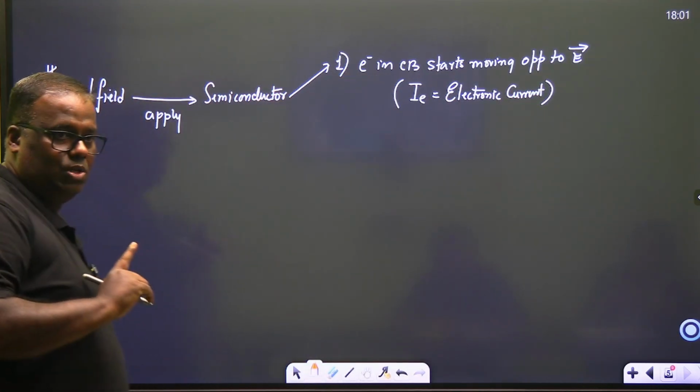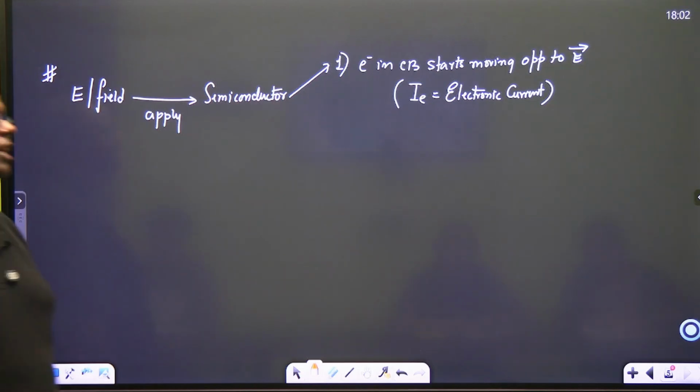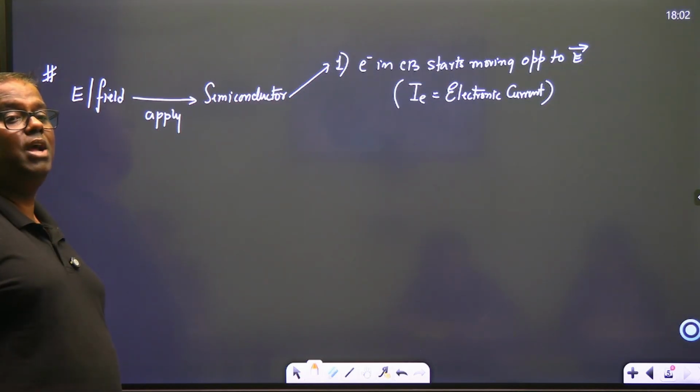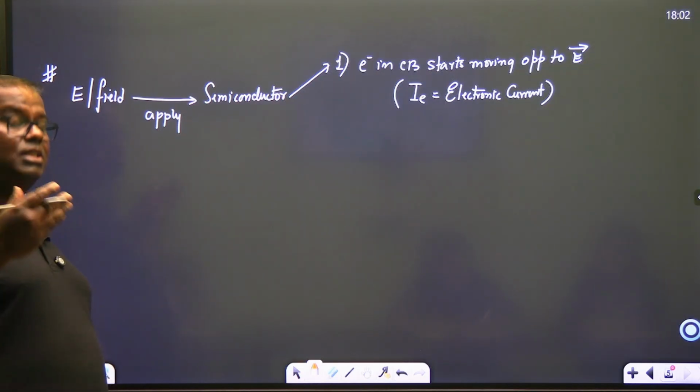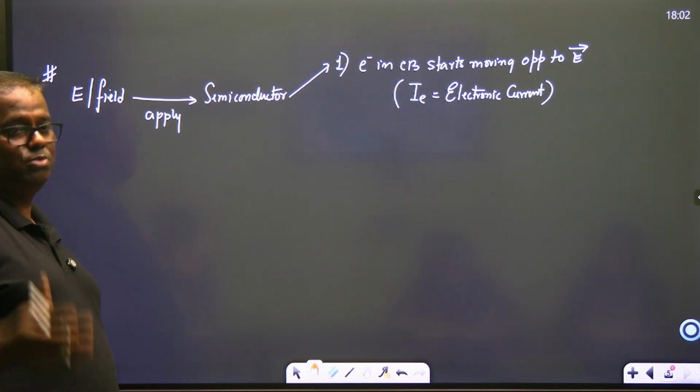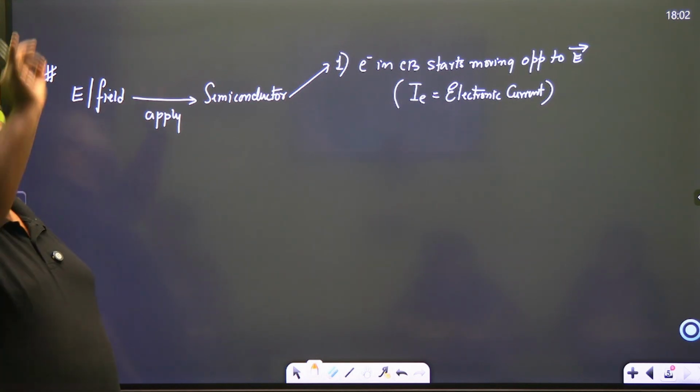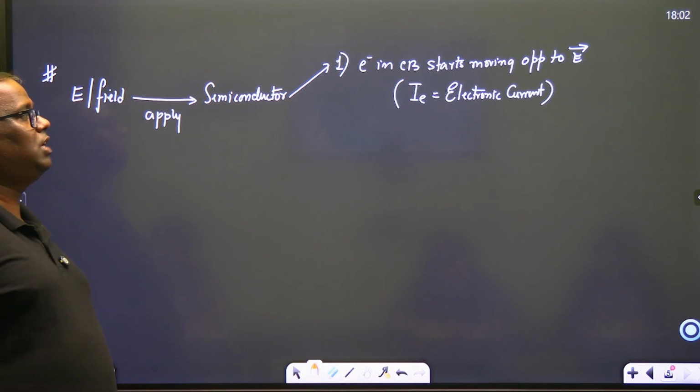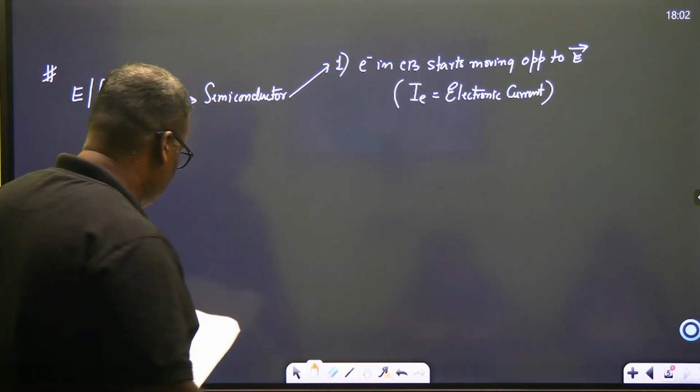Is this understood? There is an electron in the conduction band. How did it get into the conduction band? Because the semiconductor is exposed to a temperature above absolute zero, so some electrons must be in the conduction band. If you are in the conduction band, you start to move opposite to the direction of the electric field.